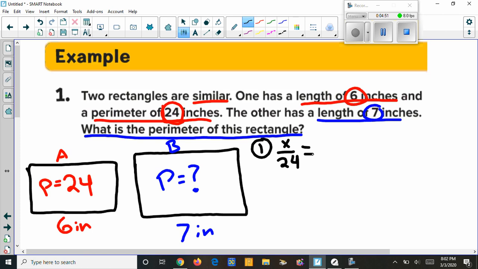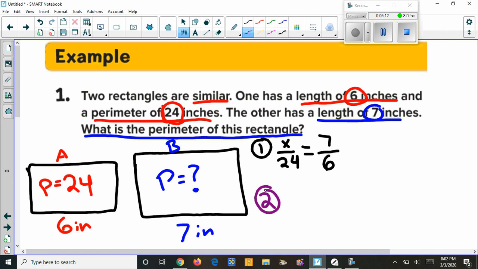Since I started with B, I have to start with B again, which is 7 over 6. This is one way. You know how to finish it. I want to show you the other way of thinking about it.